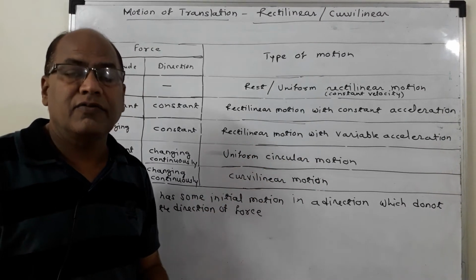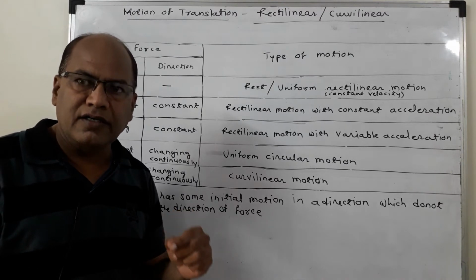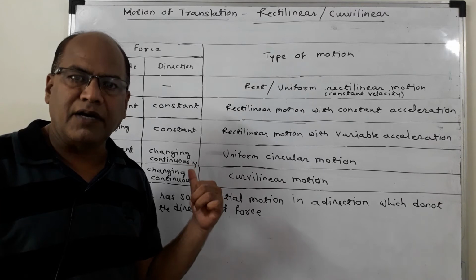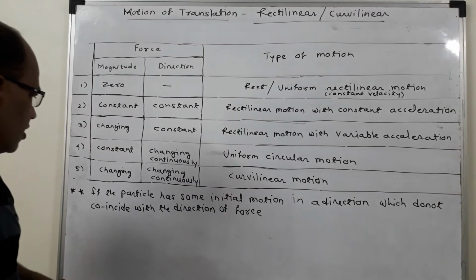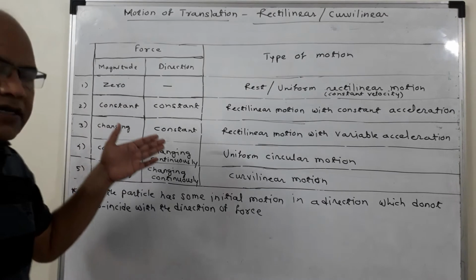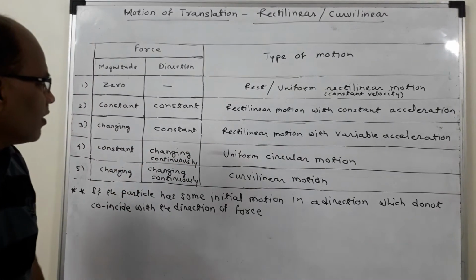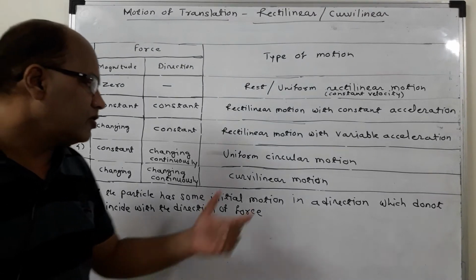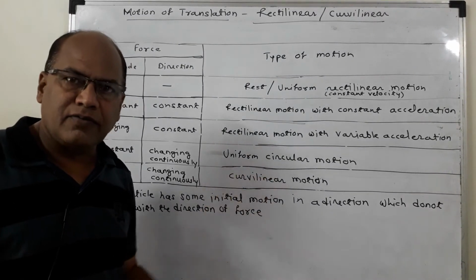So it is a case of uniform circular motion. The direction of the force is changing continuously, whereas its magnitude is constant. The next case, the magnitude is changing and the direction is also changing continuously. So if magnitude and direction both are changing, the motion of the particle will be a curvilinear motion.